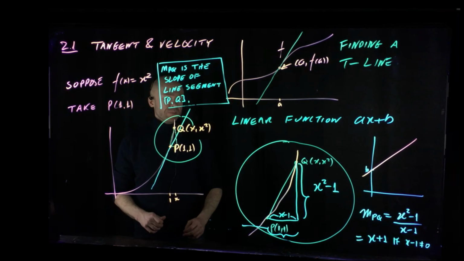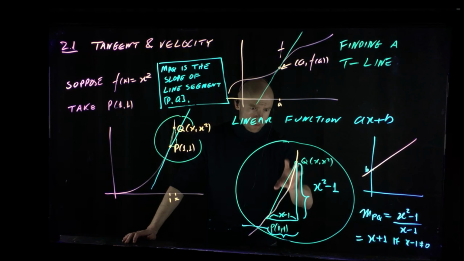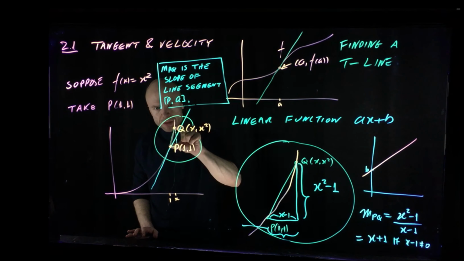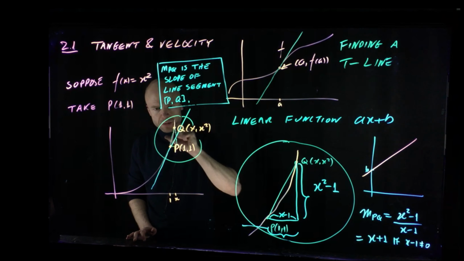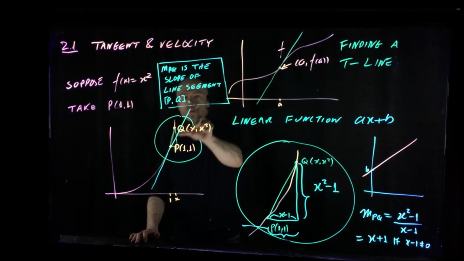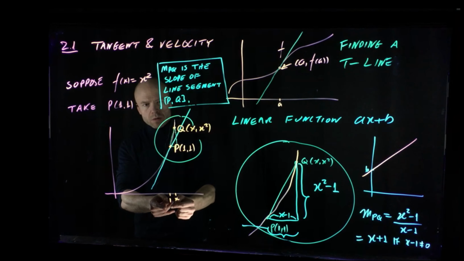Cool. So that thing gives us some kind of idea what is the slope of this line segment. In fact, it gives us the exact expression for it. And the reason it's relevant is that we can see from this picture that this slope is a bit like this slope. And actually we can make it look more and more like the slope of the tangent line that we're looking for simply by taking x closer and closer to 1.